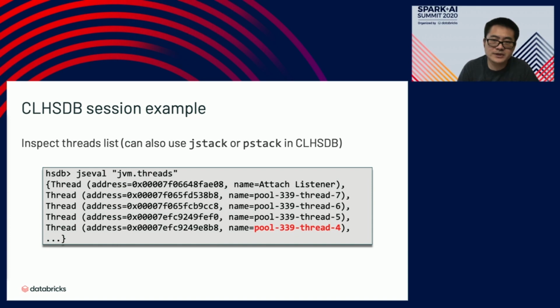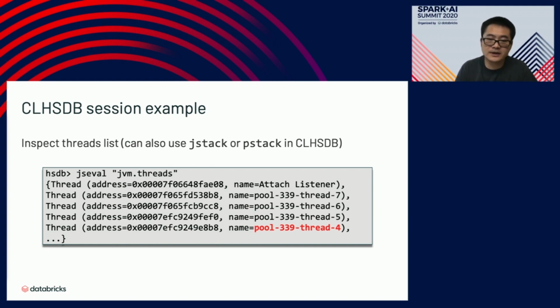Usually people would start with using the jstack or the pstack commands in CLHSDB to figure out where they are. But in this case, we want more programmatic access to the stack frames. So what I'm using here is a jseval command, which allows me to run some JavaScript in a string that gives me very flexible access to the JVM state.